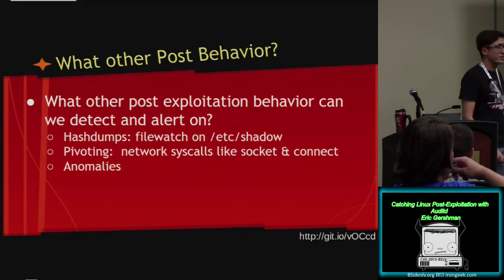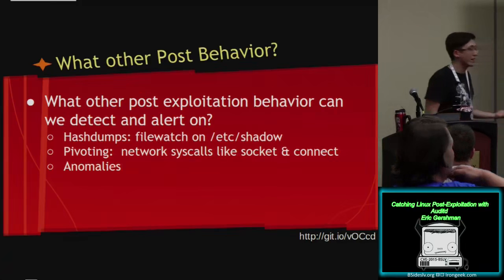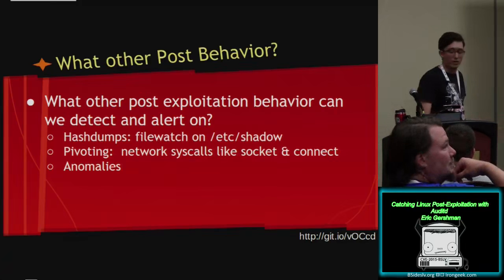One thing I've seen recently in the last week is that the audit system has the ability to look at anomalies in syscalls. So it can look for syscalls that don't return properly. This was originally created to try and detect exploitation and attackers. I haven't seen a lot of adoption for it though.